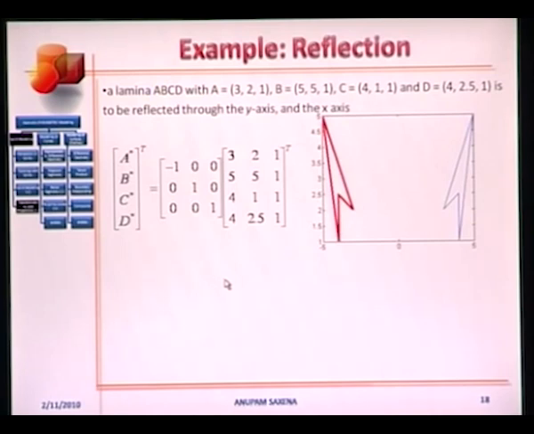Working out the math is not difficult, but graphically, this is what the situation is. The lamina in blue is in its original position, and the lamina in red is the reflected position. This is the vertical axis.